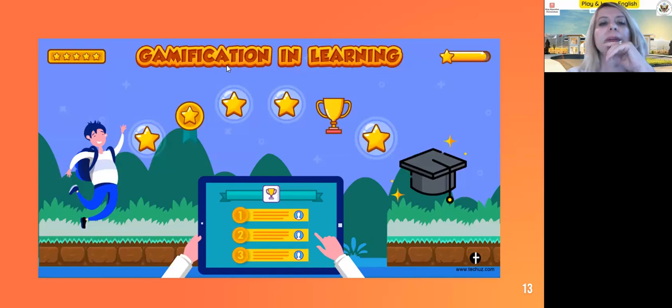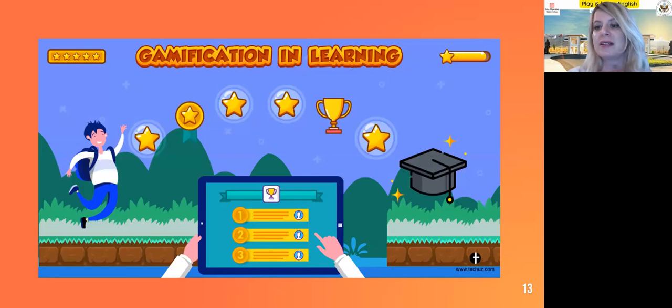Okay, when we talk about gamification, what do we mean? Okay, let me give you the definition then. Some keywords here: fun and badges. Good. When you win a game, what do you receive? You receive a reward.